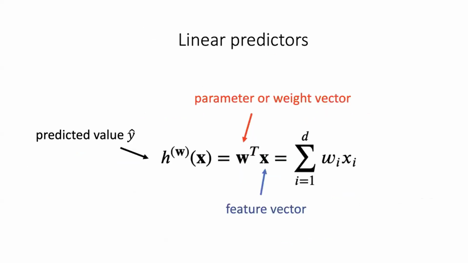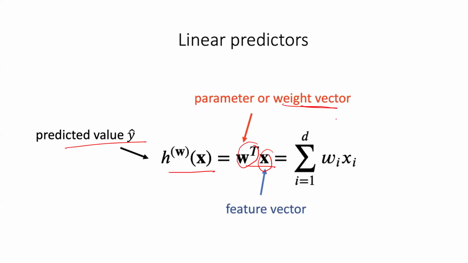Next is the linear predictor. In the linear predictor, the predicted value y hat is h_w of x, which is equal to w transpose x, the summation of the different weights and the input x. Here x is your feature vector, and w is the parameter associated with x, which is the weight vector.